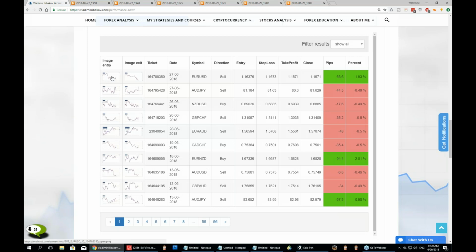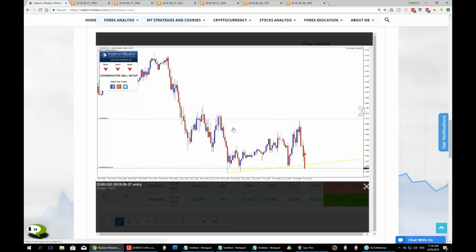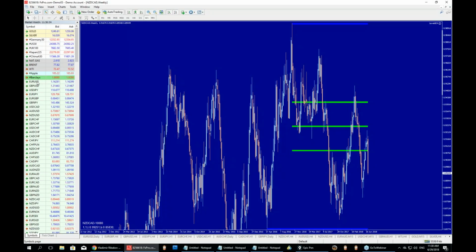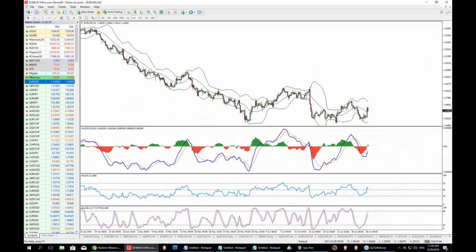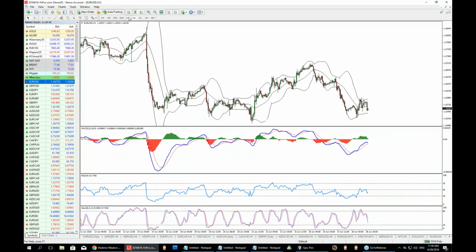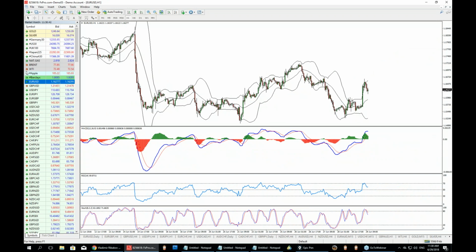Euro dollar, sell opportunity. Now this one was simply beautiful. I'm pretty sure that you remember that from the live trading room. This one, we said that after this move in the beginning of the week, we might be expecting pullbacks and continuations, for those of you who attend LTRs.